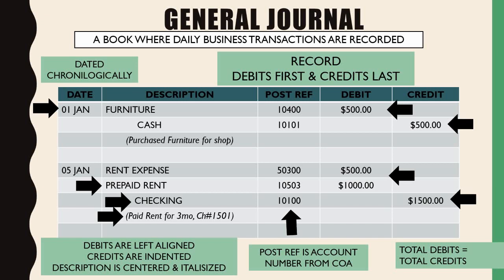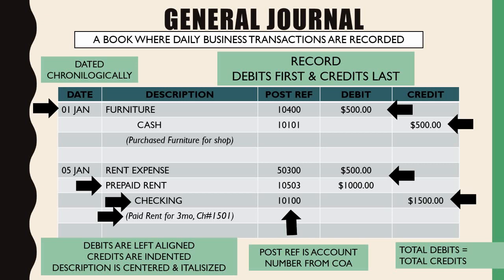Okay, and then once you've done that, you need to also add in a brief description of what that transaction was. If it's better for you to just journalize it the way you want to, just add all your accounts, right? That's fine too.